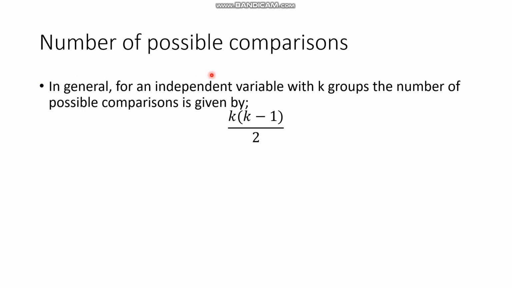For an independent variable with k groups, the number of possible comparisons is k times k minus 1, divided by 2, where k is the number of groups.